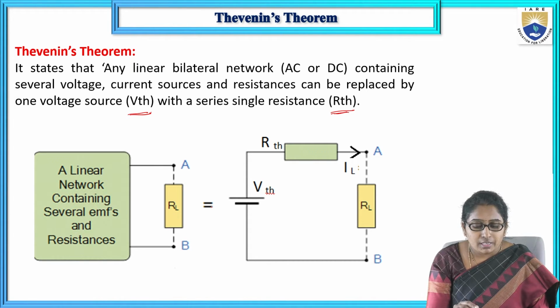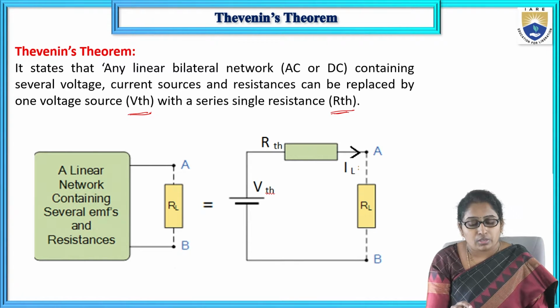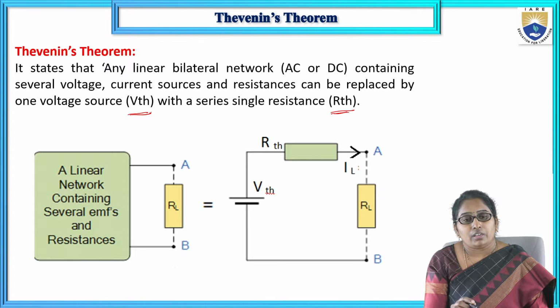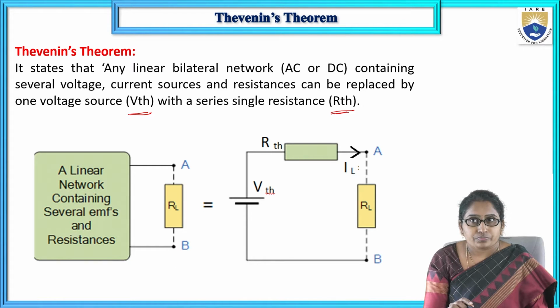Now this network is replaced, according to this theorem, since it is a linear bilateral network, the number of sources and elements can be replaced by one voltage source with a single series resistance.